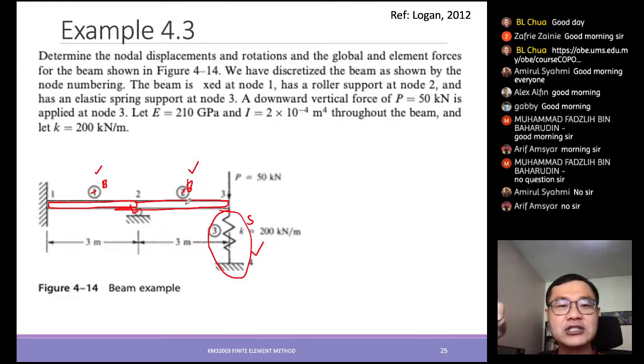Therefore the selection of the finite element is very important to represent the whole function of the structure that you intend to solve here, right?